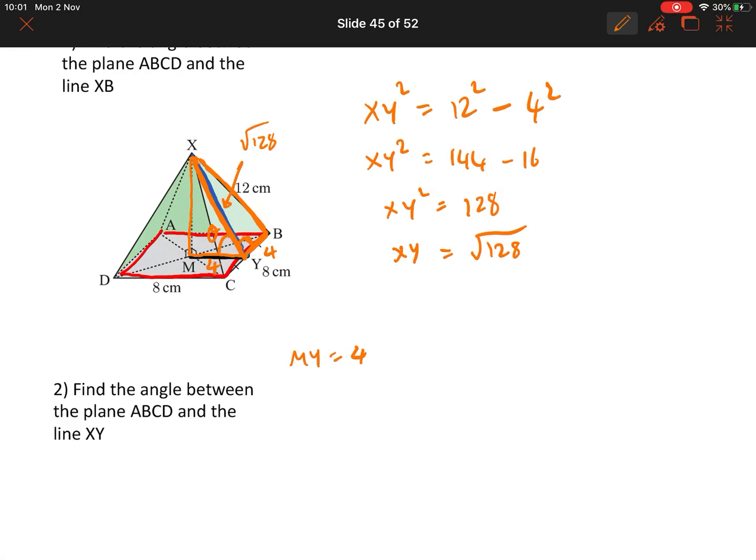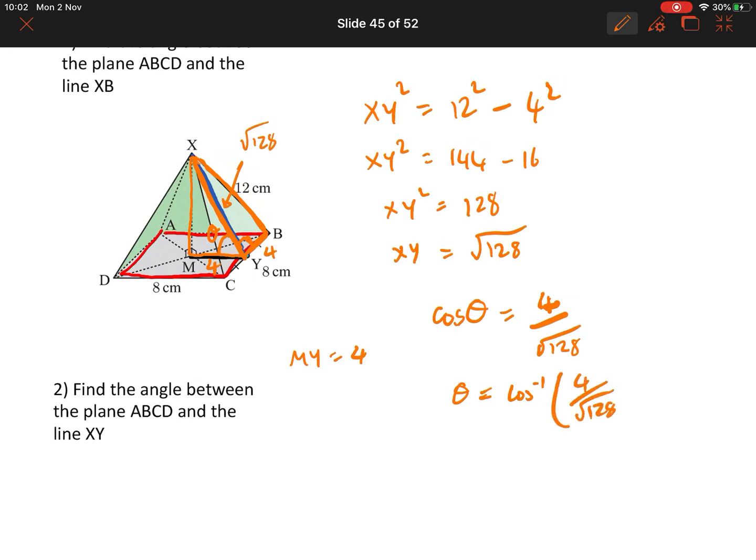That means we know this length being 4 and we want to find this angle. What we know again is the adjacent side and the hypotenuse. So the cosine of your angle is equal to your adjacent 4 over the hypotenuse root 128.